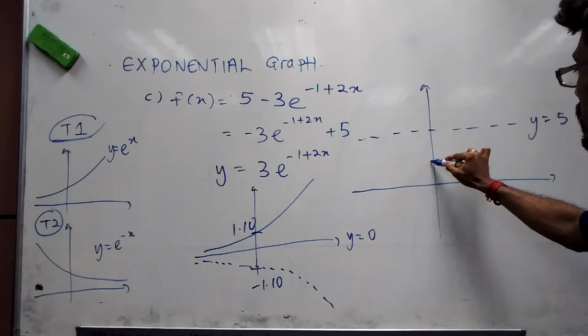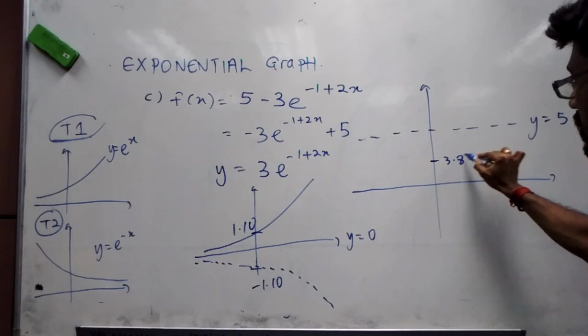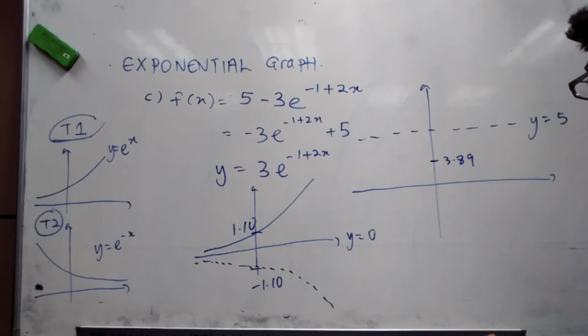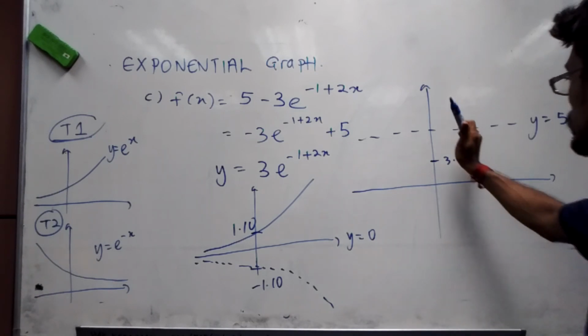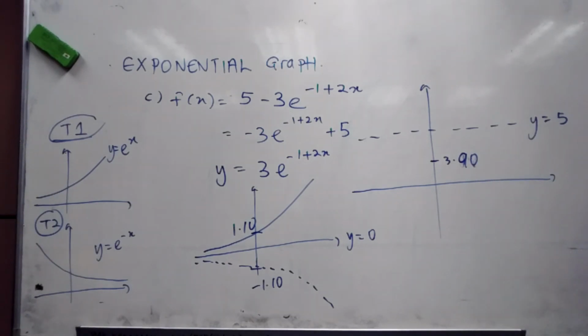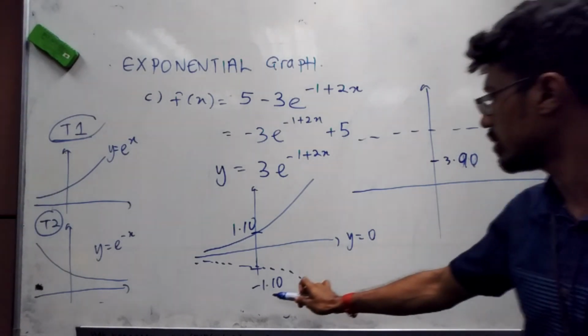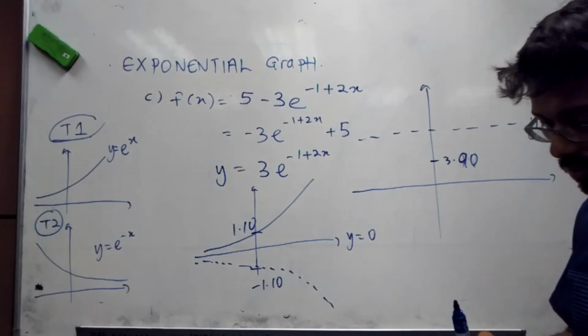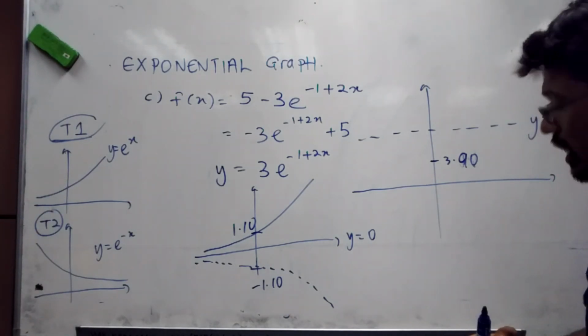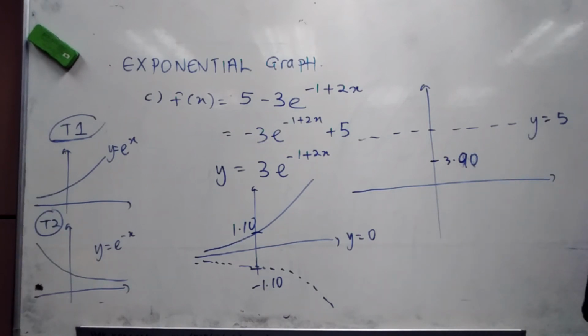We're going to get something like 3.89, or maybe we can say 3.90. Plus 5, right? Negative 1.1 plus 5, yeah, 3.9, just to double confirm.